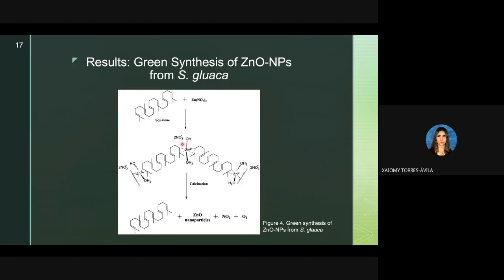We observe the capping stage, in which squalane is able to occupy the zinc ions orbitals and produce the capping effect. Then this complex compound forms zinc oxide nanoparticles by calcination, which is also known as heat treating, and in this case at 300 degrees Celsius in a static air atmosphere, as my partner previously mentioned.